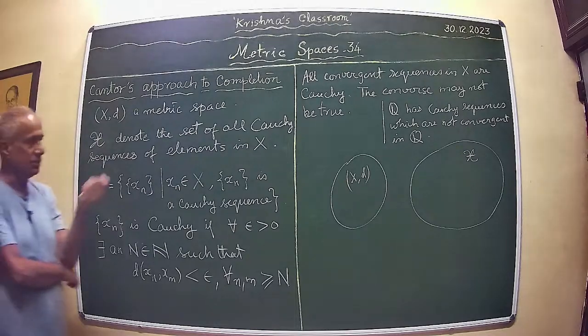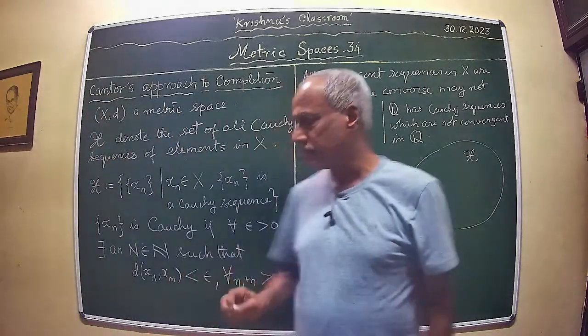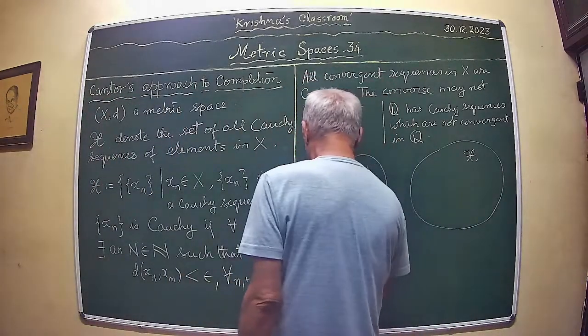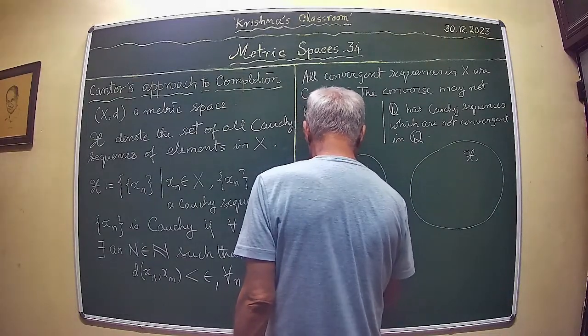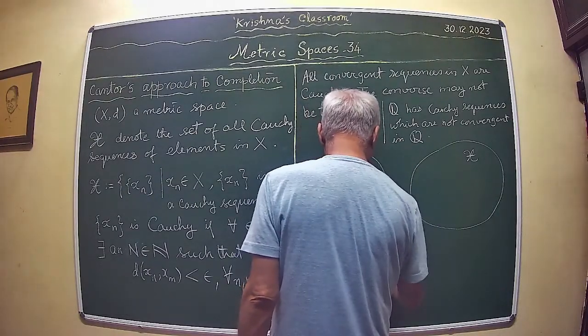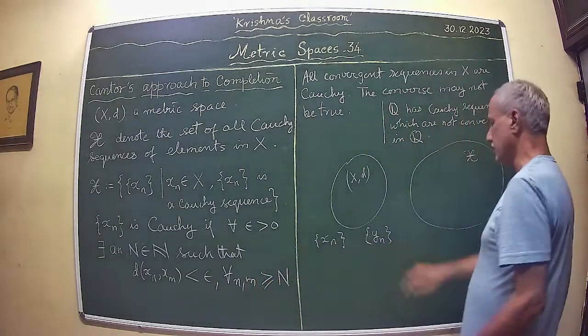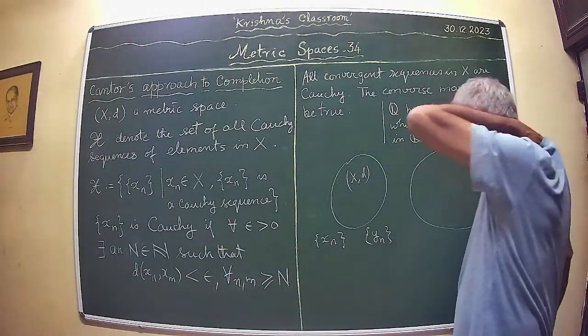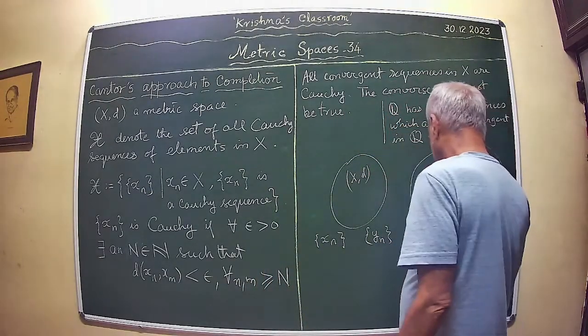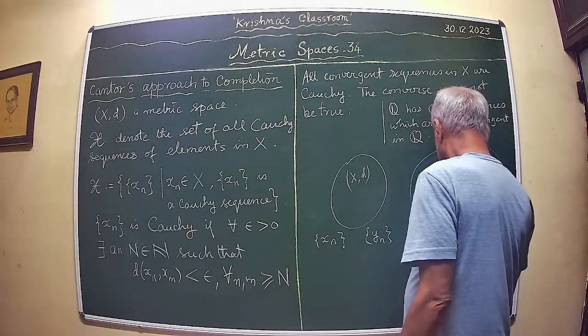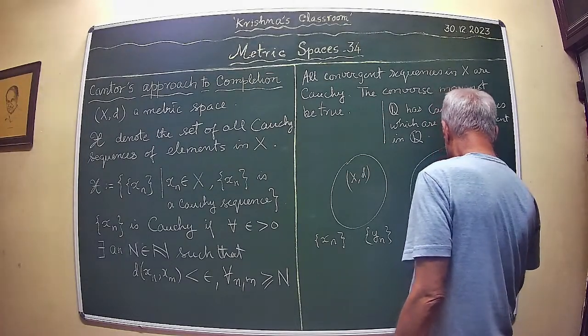So for instance, you take xn and yn Cauchy sequences converging to the same real number, then we know that mod xn minus yn goes to 0.